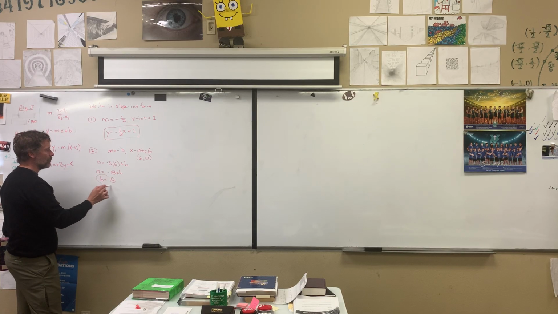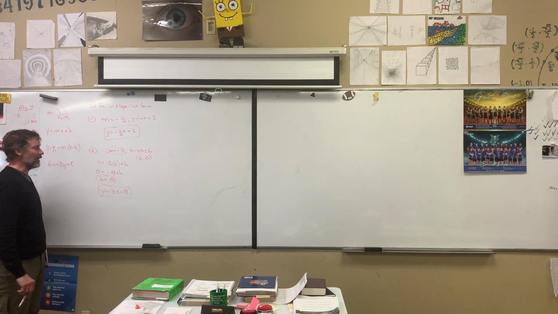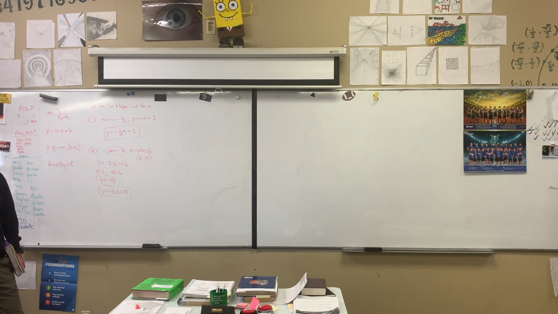Now we found what b is, we know what m is, and all we do is just plug into y equals mx plus b, right? So negative 3x plus 18, and we're done right there. So that's using the slope-intercept method, a nice way to go. Just plug in and solve for b, and then plug back in. That's a nice way to go.